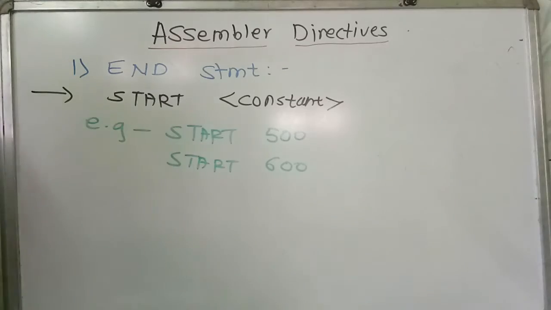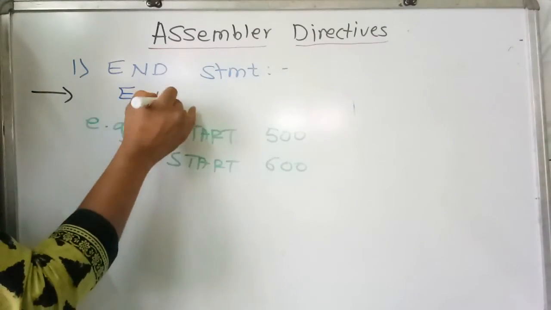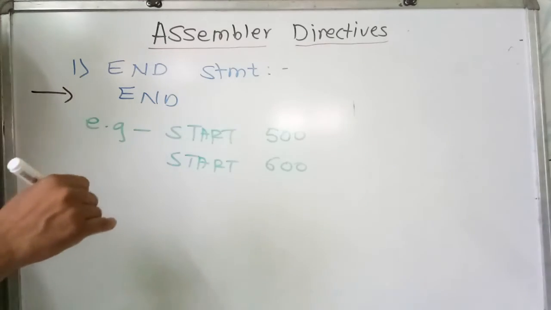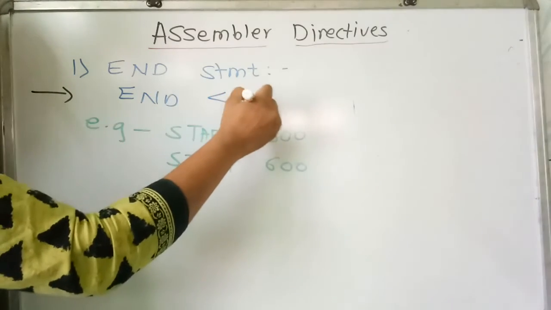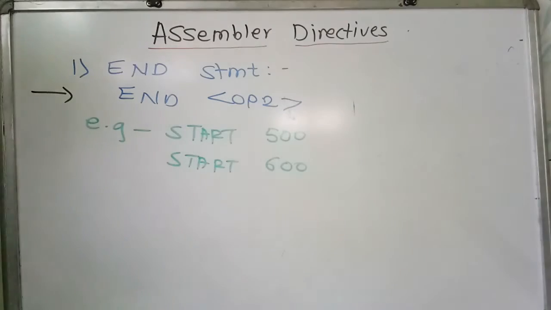So how will it be written? We simply write end, and then in front of it we write the operand 2. What does this operand tell us? The operand indicates the address of the instruction where the execution of the program should begin. By default, it is the first instruction of the program.